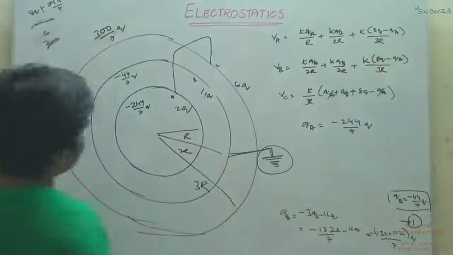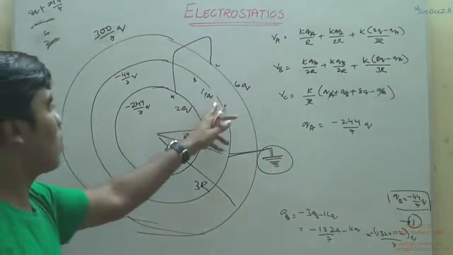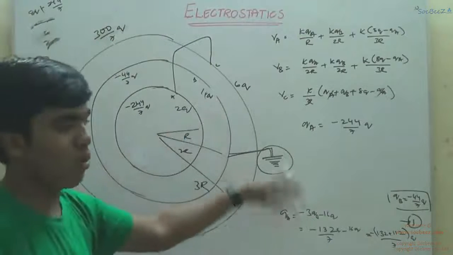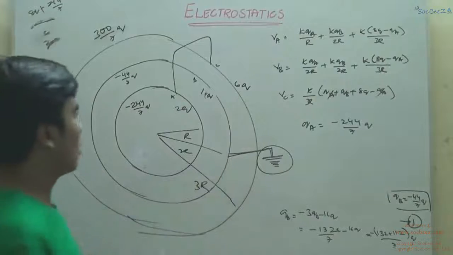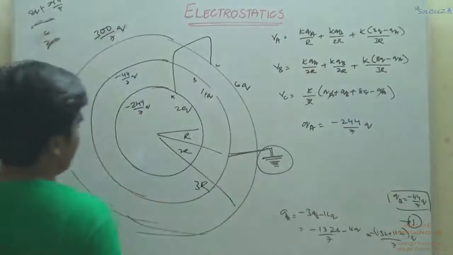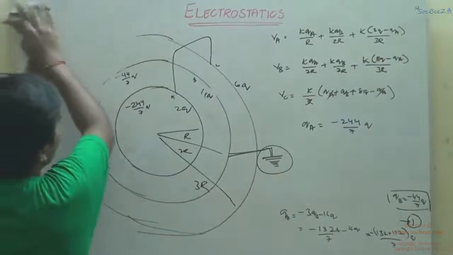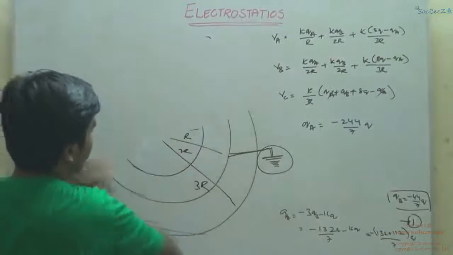Ultimately the charge will not be constant, the charge can move out and in of the earth, and thus there can be an increment or a decrement in the charge. So this is all about the concept of earthing.